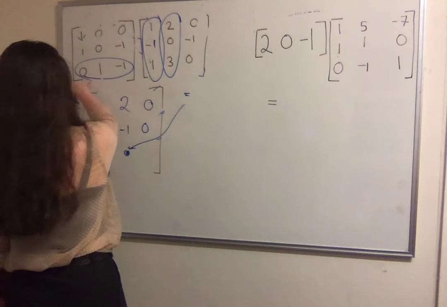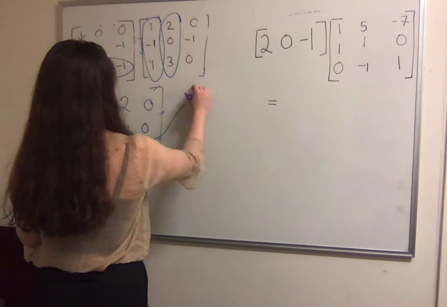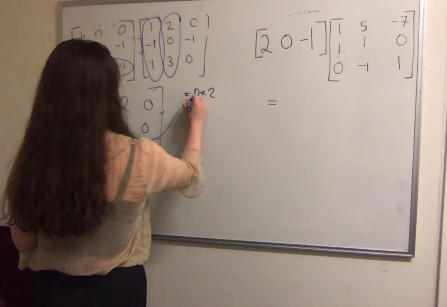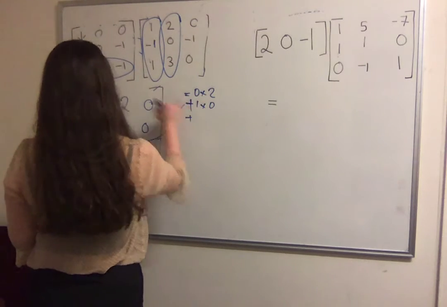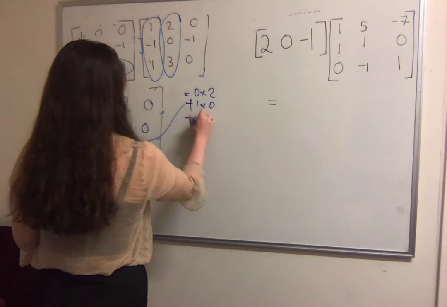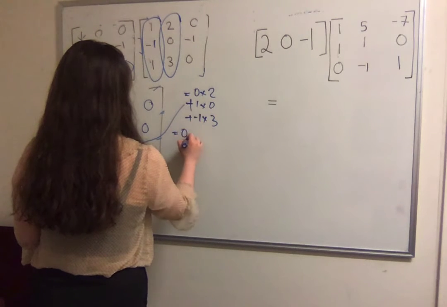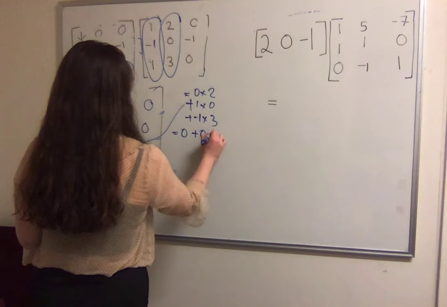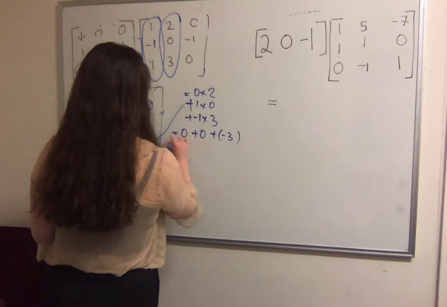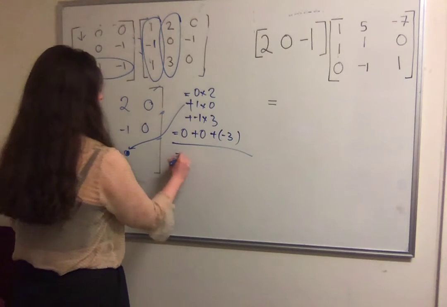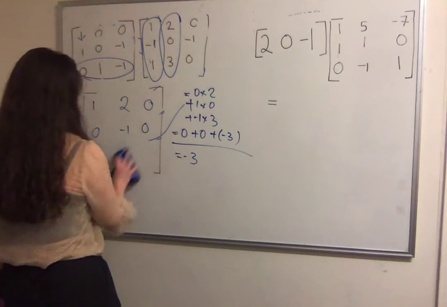That is going to be equal to 0 times 2 plus 1 times 0 plus -1 times 3. So that's going to be equal to 0 plus 0 plus -3. Yep, so this entry is going to be -3.